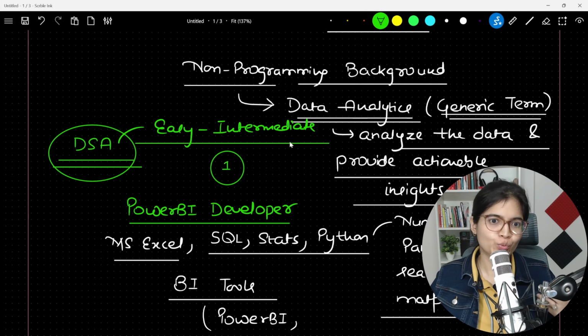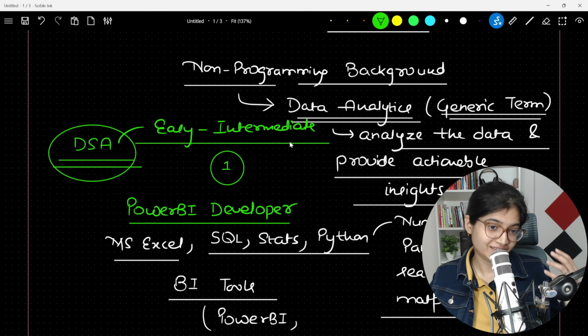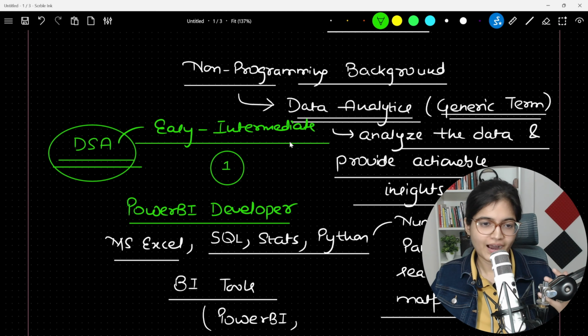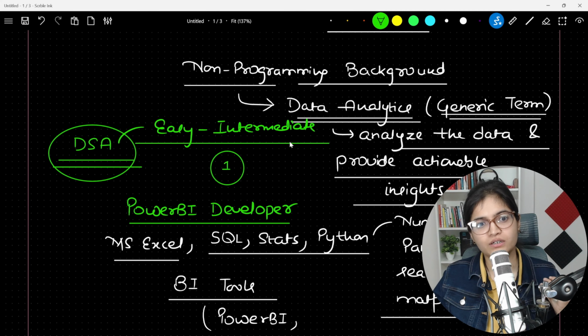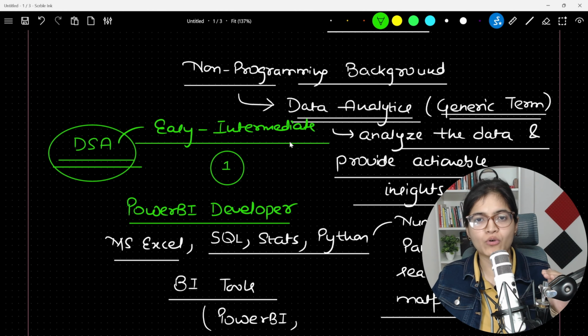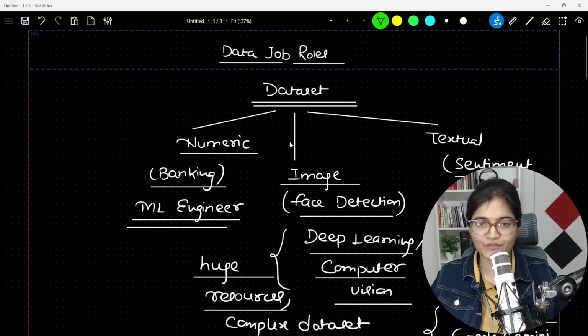So please do not make this mistake, because some people feel it is not required. It is genuinely required, first of all to crack the interviews, and also, from my experience, a sound knowledge of DSA gives you a better understanding of algorithms in the data science space. People might have a different perspective; if you do, let me know in the comment section. I am sharing all of this based on the experiences I have gained so far.